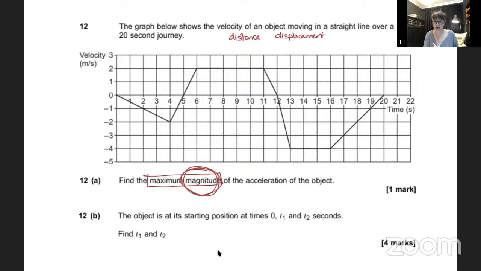Distance is a scalar. So displacement has a magnitude and a direction. The magnitude is what we call distance, and the direction we use with a plus or a minus, or we say up and down.